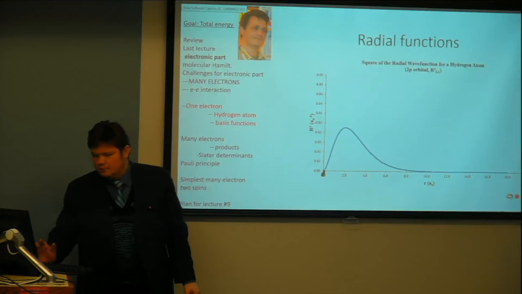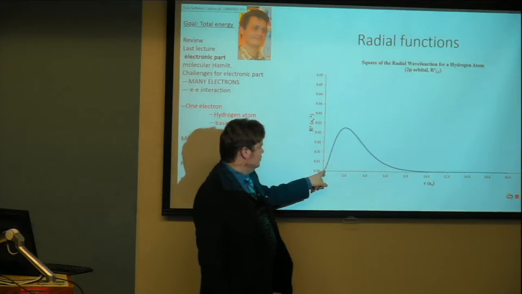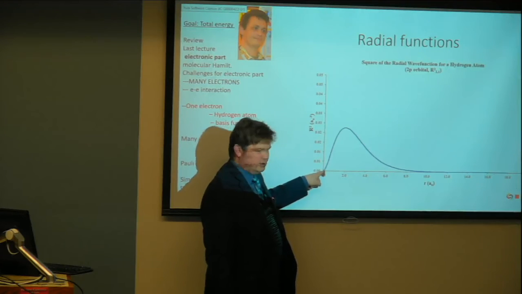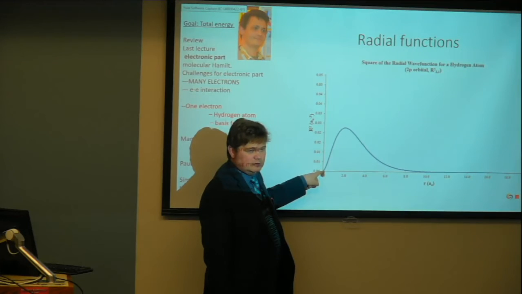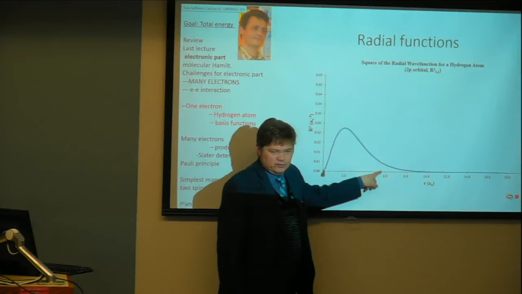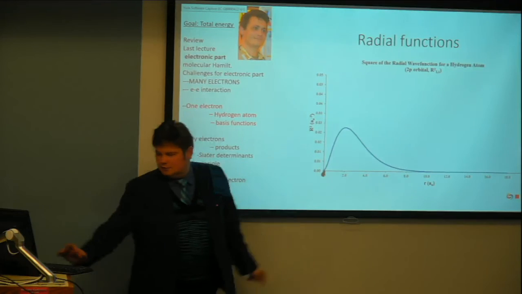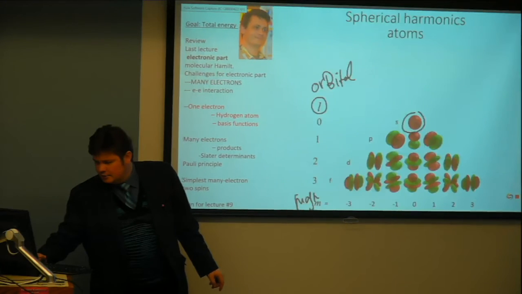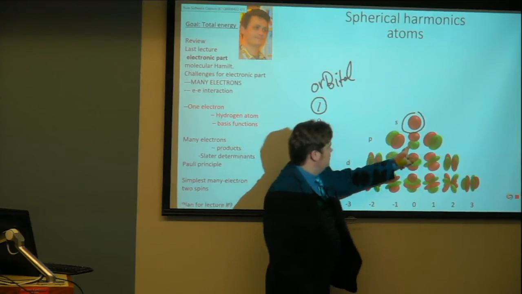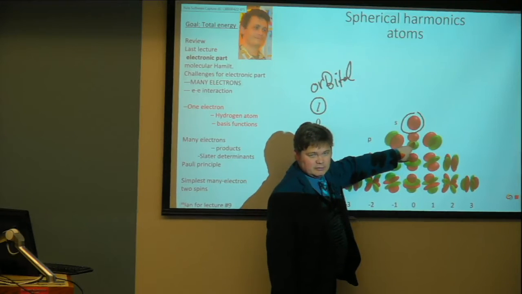If you look at the p orbital, there will be 0 probability near the nucleus, and then it increases and then decreases. And for this figure, you can see it here. Near the center, it is 0.